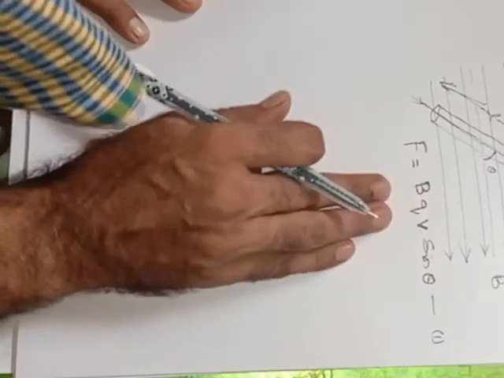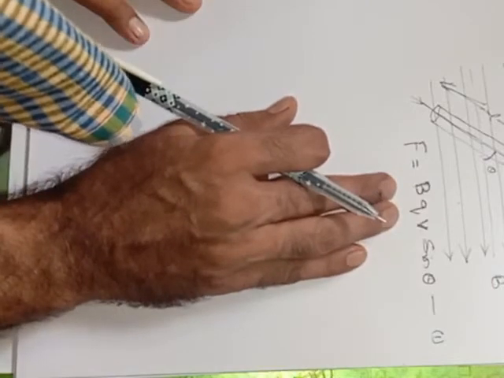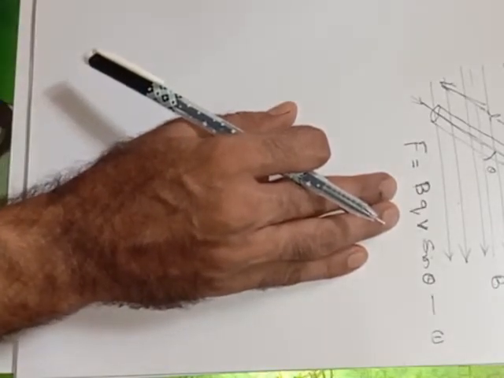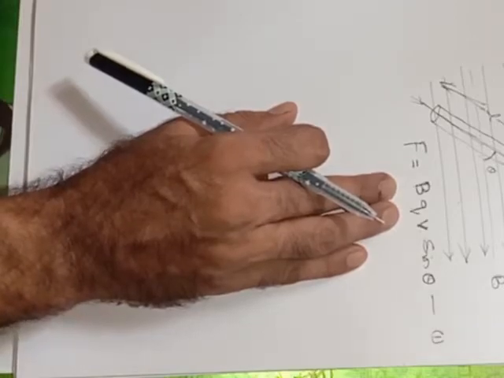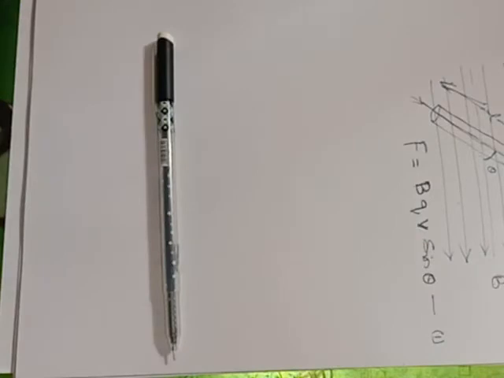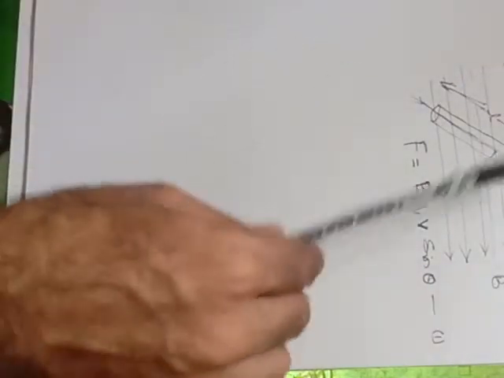This is the force experienced by a single charge. When current is flowing through this wire, n number of electrons will be there. We cannot consider that only one charge is there. A number of electrons are present, all moving along the direction.